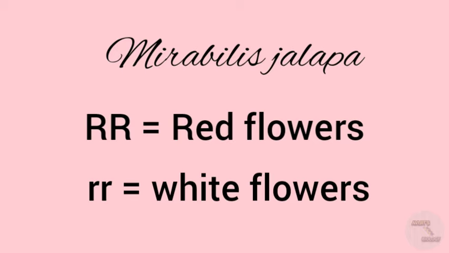Meaning R will produce the red flower and r will produce the white flower. So now when this red flowered plant is crossed with the plant having white flowers, then what will we get? We will get plants with pink colored flowers, meaning which have the genotype Rr.